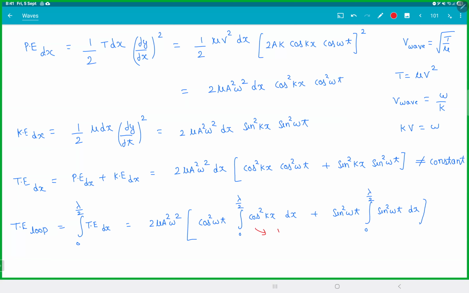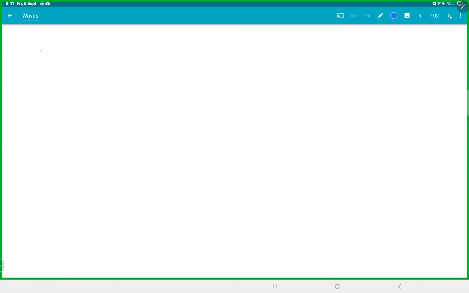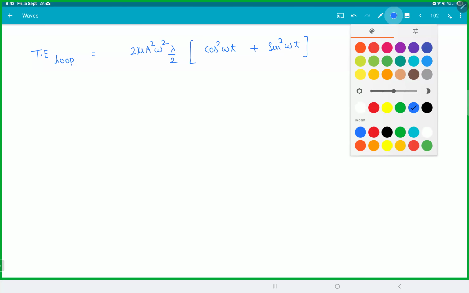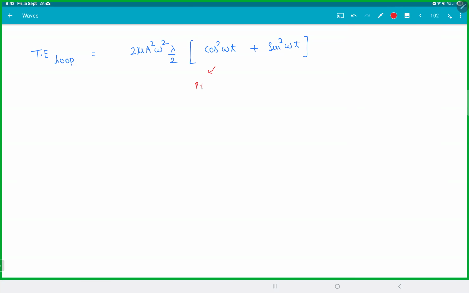So this comes out to be lambda by 2 and this comes out to be lambda by 2. You can check it out. And when you add this, you get the total energy of a loop: 2 mu a square omega square lambda by 2, times cos square omega t plus sine square omega t. So this cos square term is your potential energy term. This will give you the kinetic energy of the loop. Yeah, you have to multiply that thing though.